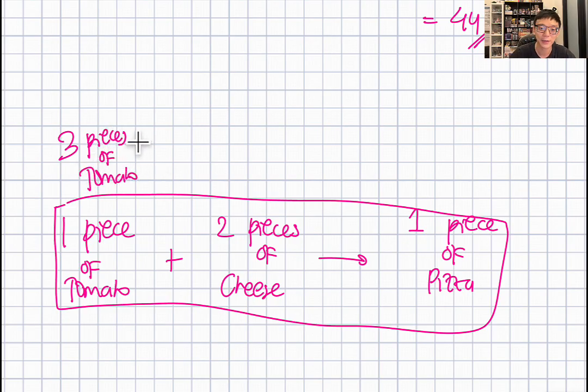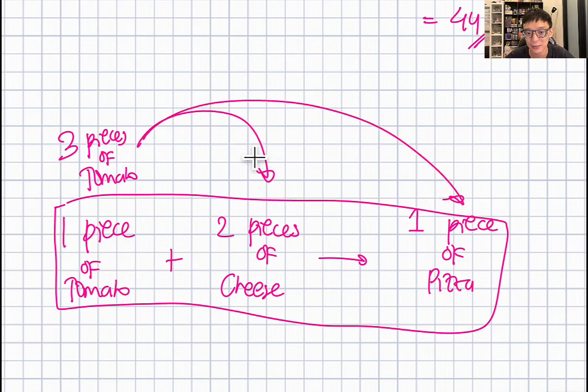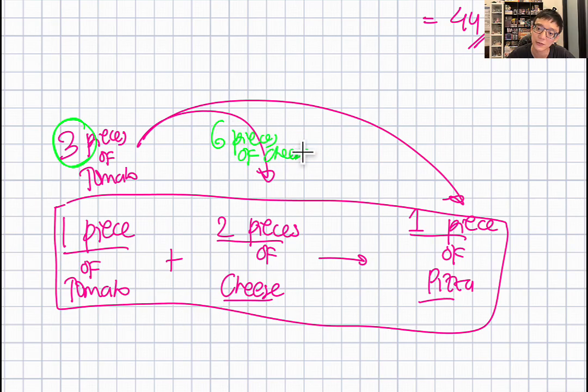What would be the maximum number of cheese and pizza that you can make? Well, with one piece of tomato and 2 pieces of cheese, you can make 1 piece of pizza. So with 3 pieces of tomato, you can combine them with 6 pieces of cheese to create 3 pieces of pizza.